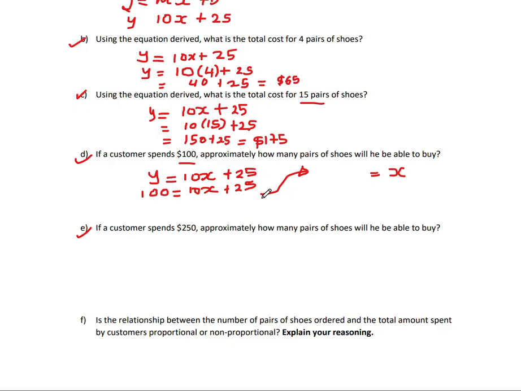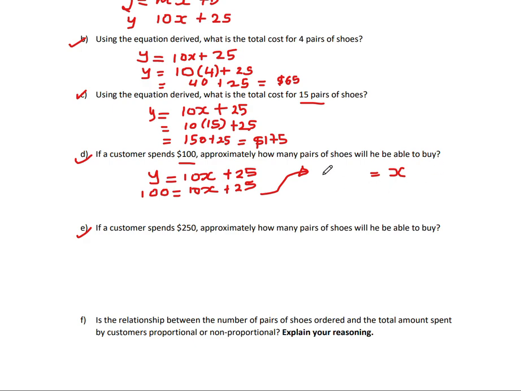The inverse of multiplying by 10 is to divide by 10. And the inverse operation for adding 25 would be to subtract 25. That is what we do to both sides of the equation. We would get x on its own on the right side.